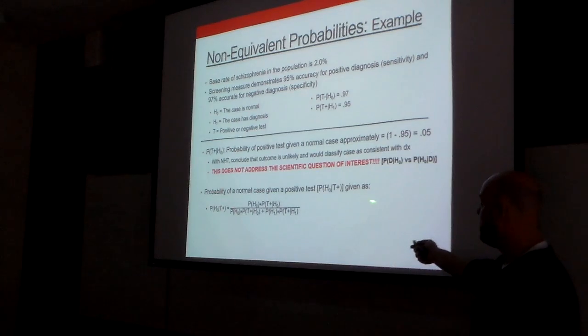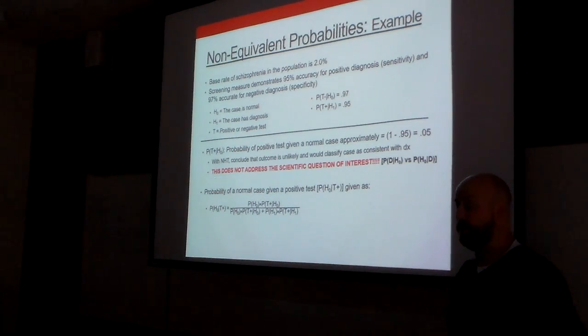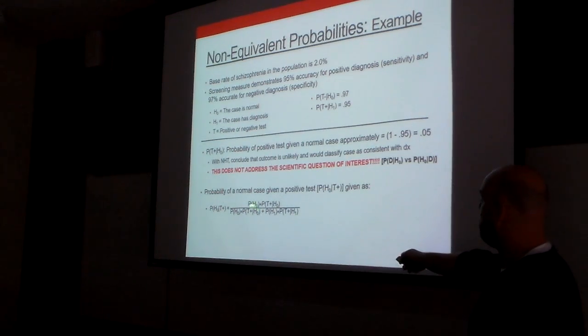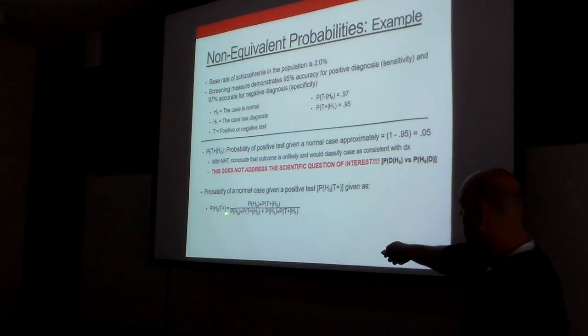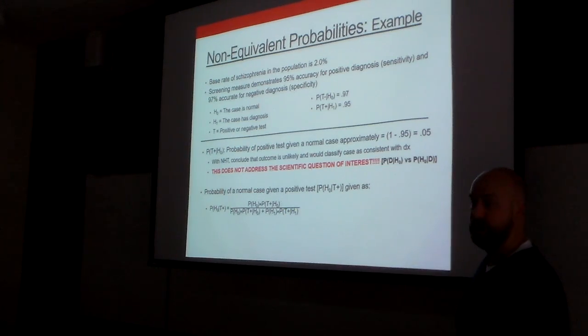And if we go through, this is a much more complicated thing to go through. We need to know the probability of a negative case times the probability of a positive test in a negative case, over the probability of a negative case times the probability of a positive test in a negative case, plus the probability of a positive case times the probability of a positive test in a positive case.